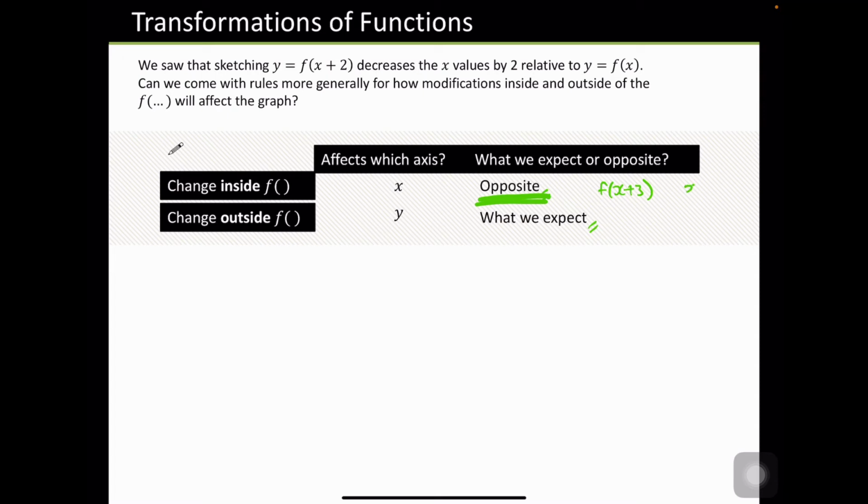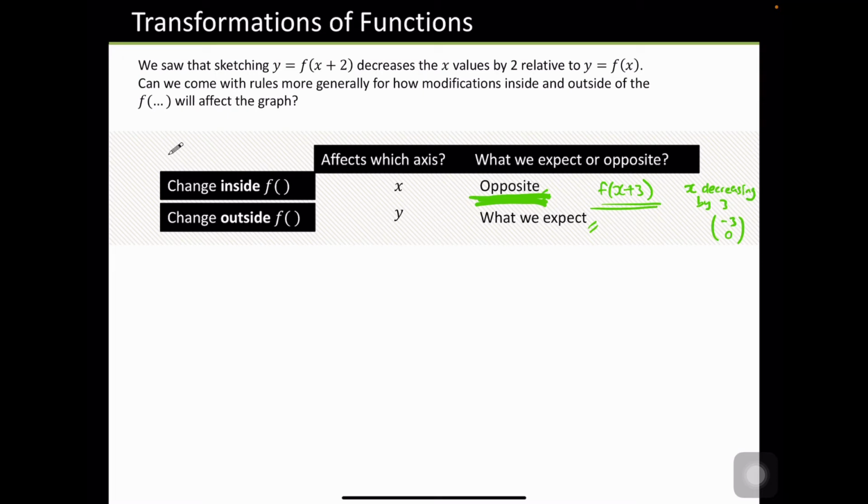The x value is actually decreasing by 3. So that is why you need to be very careful here. In other words, x is being translated with the vector -3, 0. That's why you need to be very careful, especially with these types of transformations here.